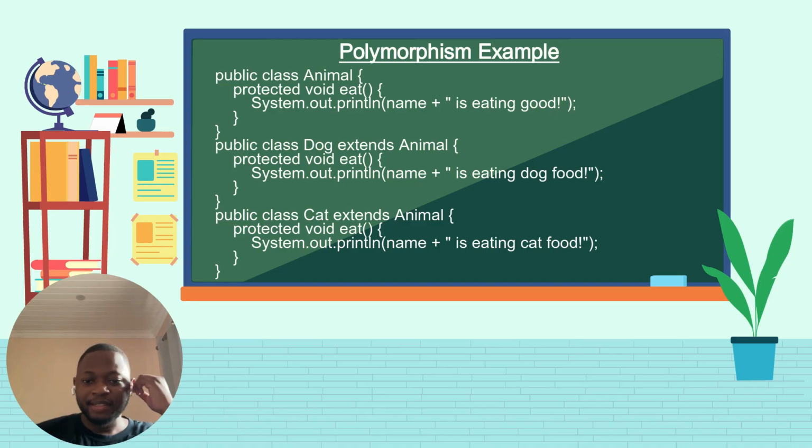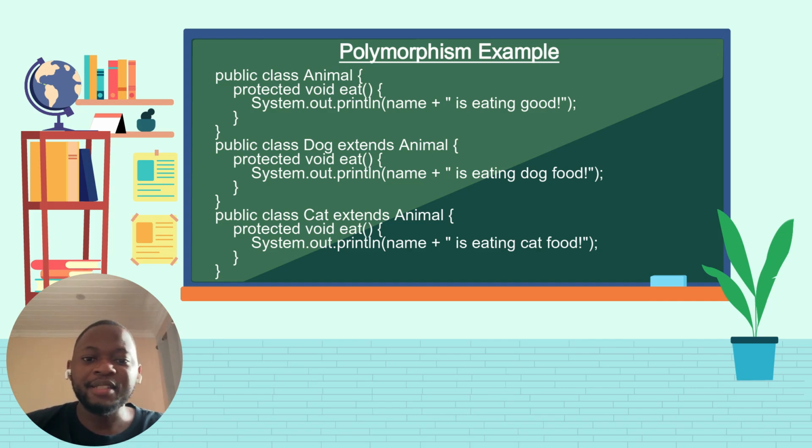And for a cat, we also did the same. Instead of going with the default animal is eating good of the superclass, we will go with animal is eating cat food. You see, we're overriding the method and having it do something different than the default, since it makes sense.